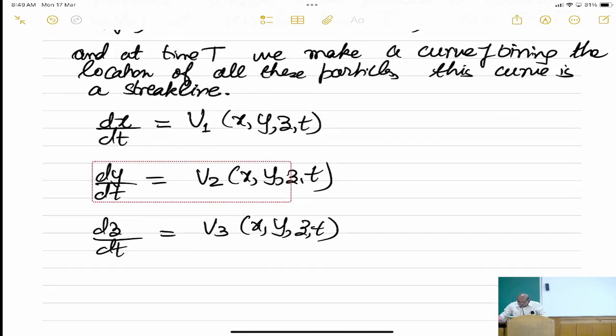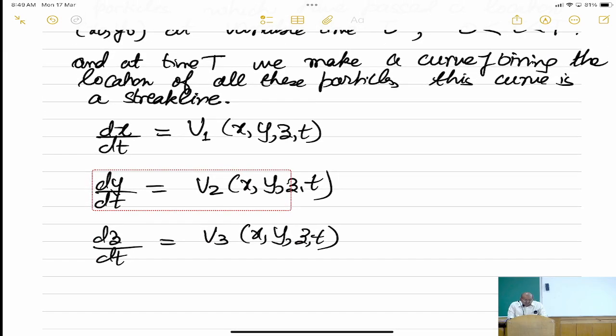Once again, the basic equation dx by dt is equal to v1, dy by dt is equal to v2. Of course, if it's a 2D flow, then the third equation will not be there. It's still the same.